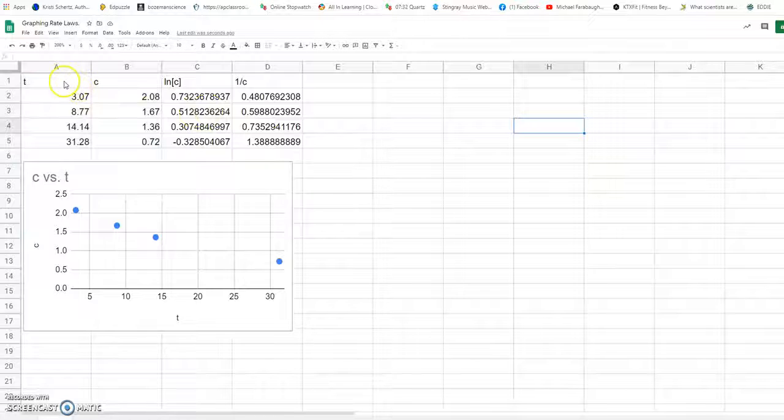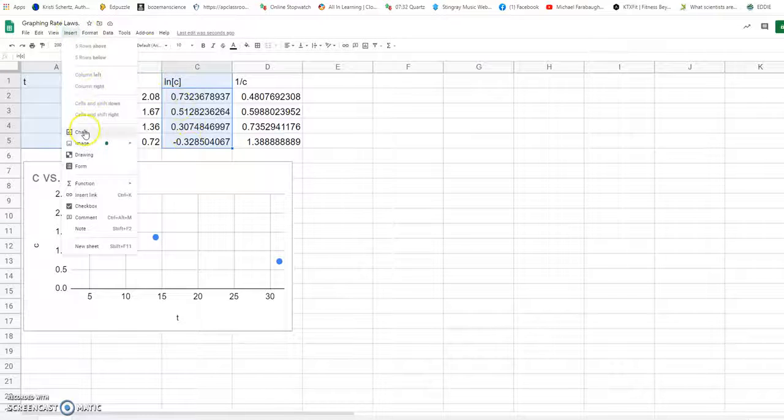This time, I'm going to graph T versus Ln of concentration. Now to do this, I'm going to highlight, hold the mouse down, and pick up my finger. Then I'm going to hold the control key down while I'm dragging this column. This tells Google this is my X, this is my Y. I do the same thing.